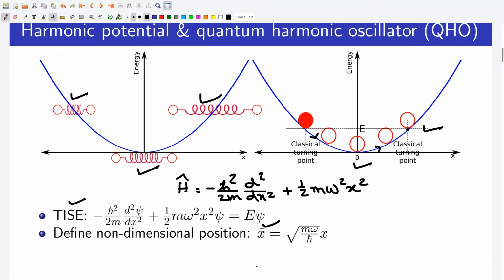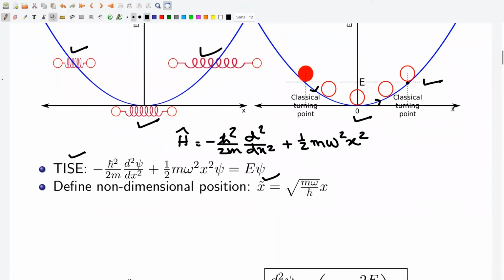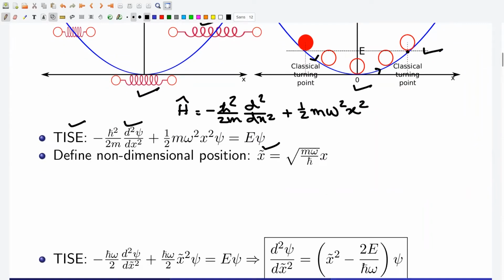Now, if we replace this in the time independent Schrödinger equation, what we get is the following.